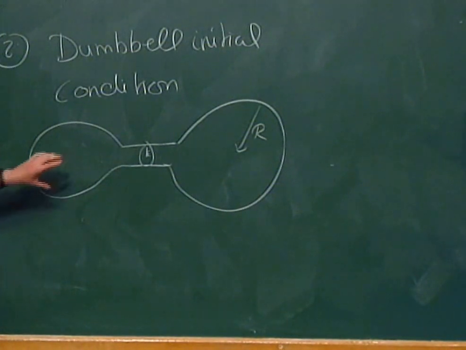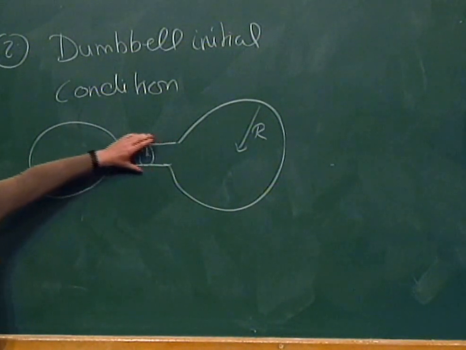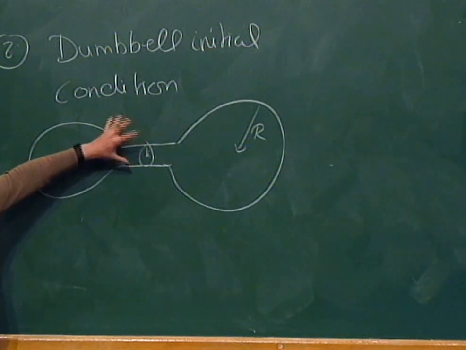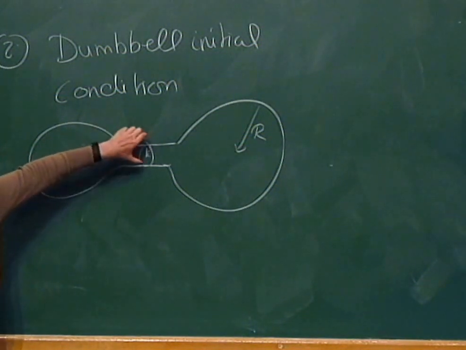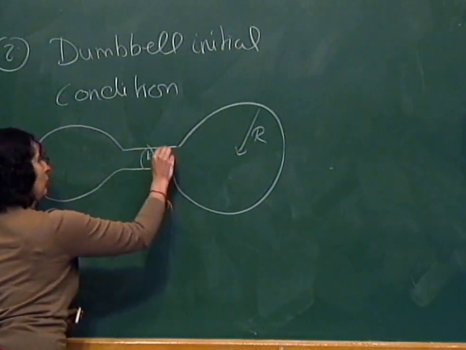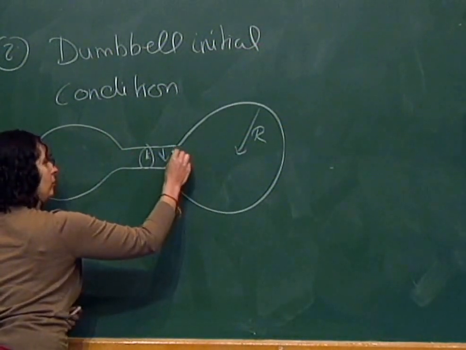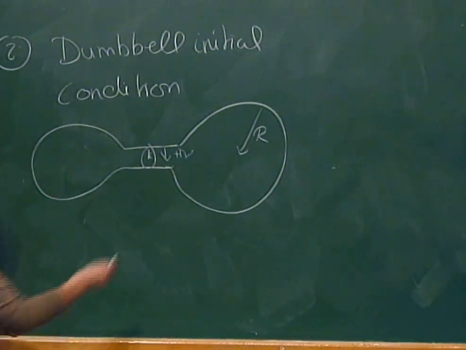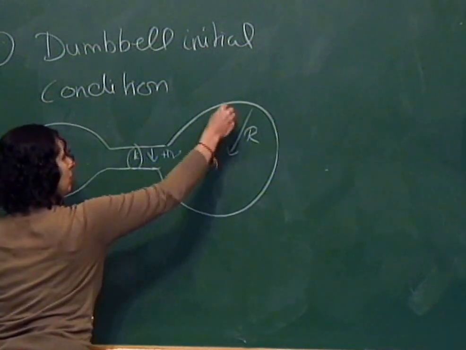So just intuitively, if this is really like a cylinder, of course this is not going to be a cylinder for all the evolution, but if the shape is more or less preserved, this is moving this way. So this is trying to flow that way. So that's the direction of that. And this is flowing that way.